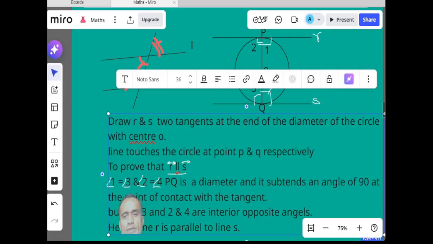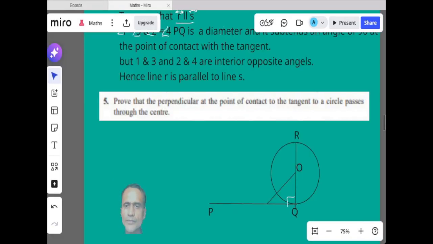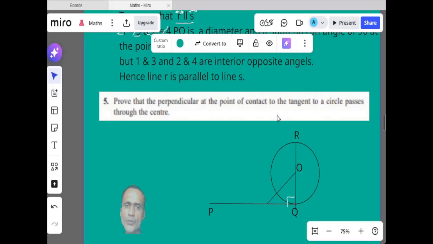Now let us go to the second question, that is question number 5. The question is to prove that a line which is perpendicular to a tangent passes through the center of the circle.